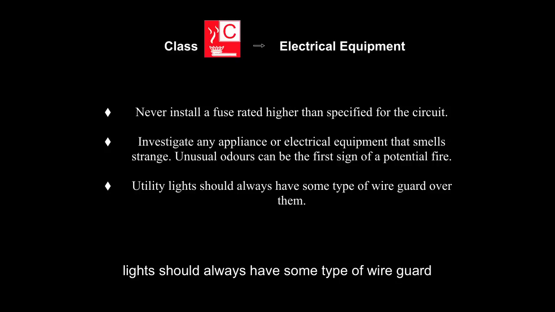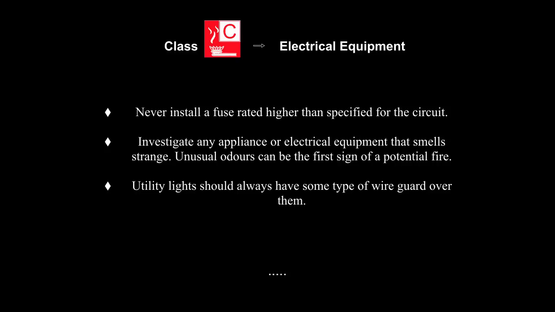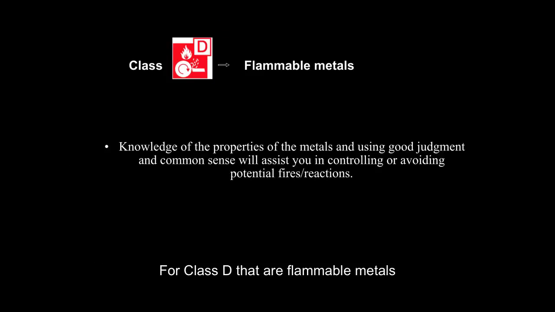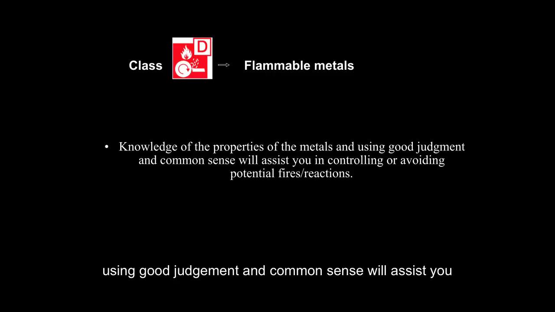Utility lights should always have some type of fire guard over them. This is very important. A live wire without a guard can catch fire easily. For Class D, that are flammable metals, knowledge of the properties of such metals and using good judgment and common sense will assist you in controlling or avoiding potential fire reactions.